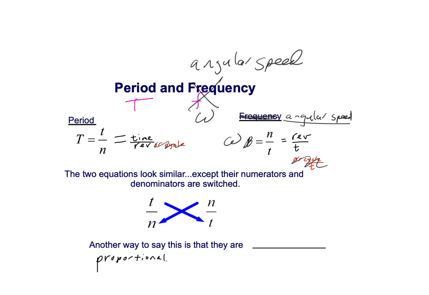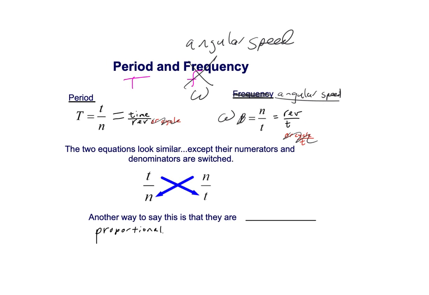We did this already: T over N is revs or cycles, which we're not going to talk about. So that's how we flip between period and angular speed.